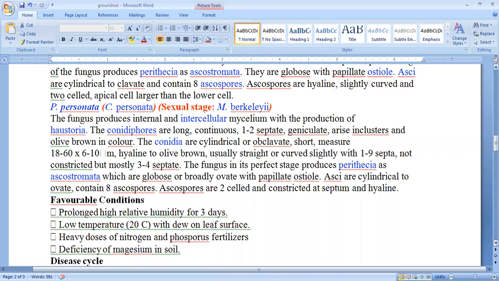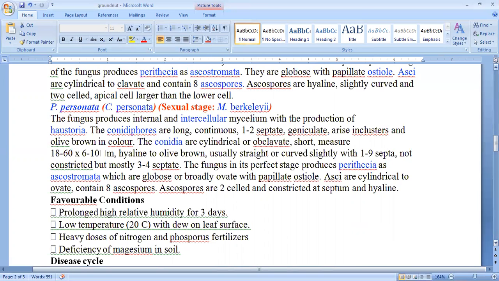That was Cercospora arachidicola. Then we have Cercospora personata. The difference between the two is that here the mycelium is intercellular. The conidiophores are long, continuous, 1 to 2 septa, arise in clusters, geniculate and olive brown in color.